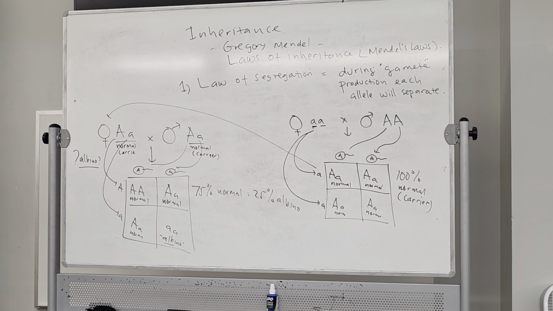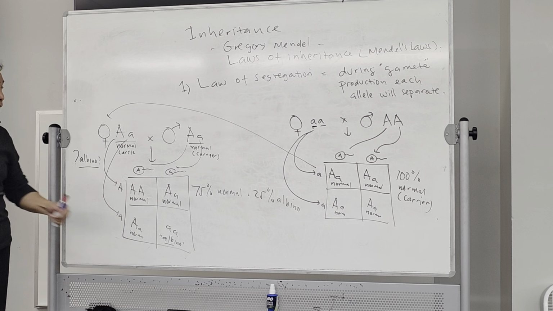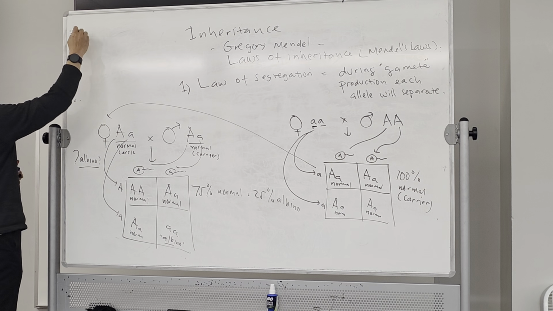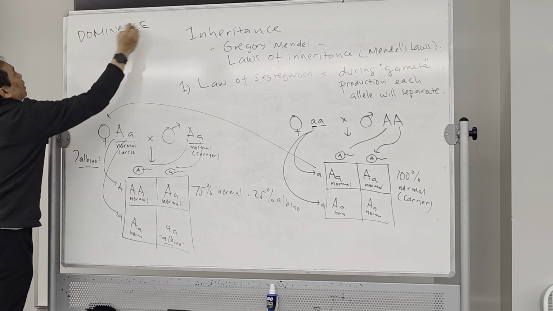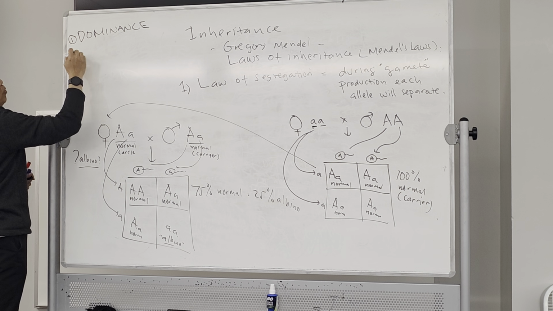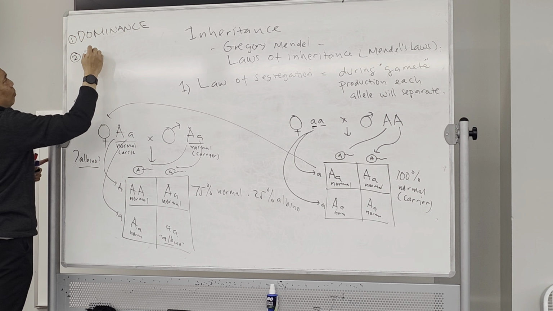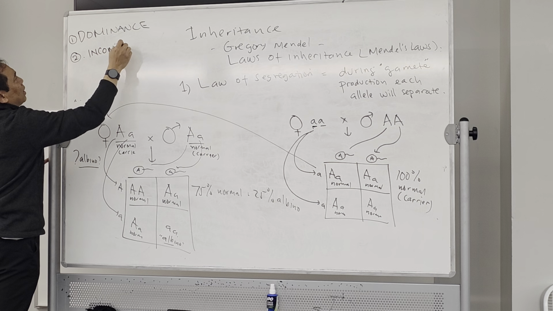Okay, that's not that difficult, right? This is when the autosomal allele is working with dominance. And then there is another one called incomplete dominance.